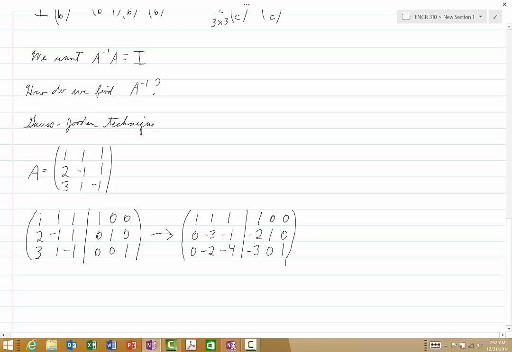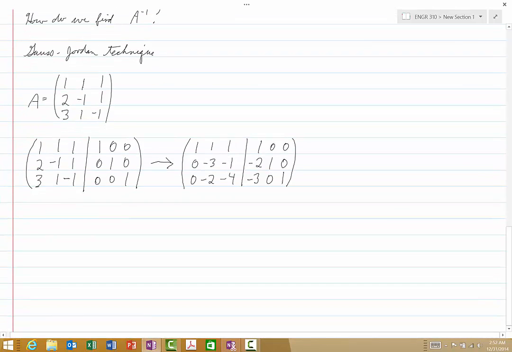And so, as I have discussed before, I would rather avoid fractions. And so what I will do next is I will multiply the second row by 2 and the last row by negative 3. So we'll get 1, 1, 1, 1, 0, 0. And then, as I said, we'll multiply the second row by 2.